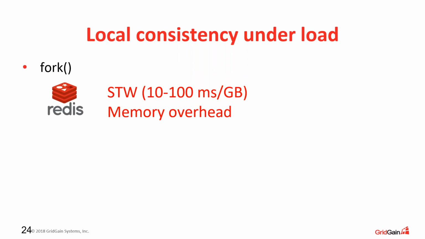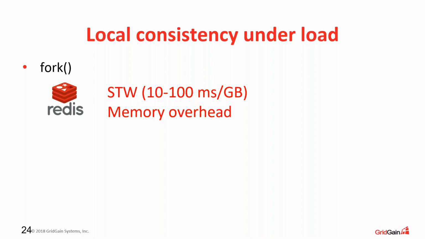To get a locally consistent state, Redis, for example, does a fork of its process, and Redis continues the load on one sibling of the process, and from the other sibling it just iterates over all data and dumps it into the snapshot.